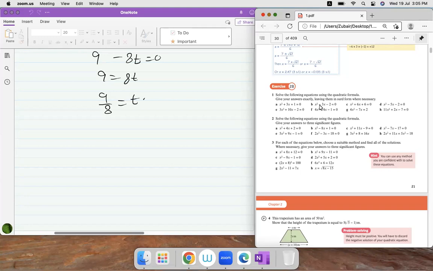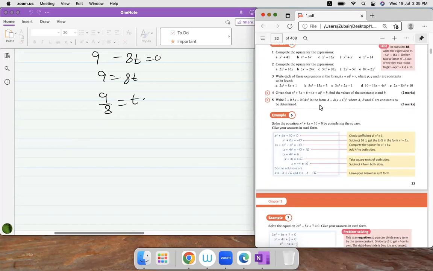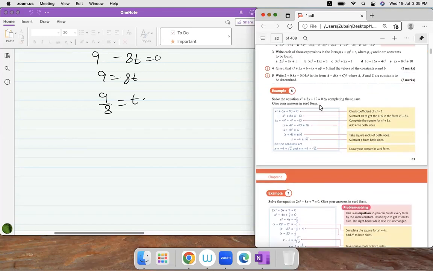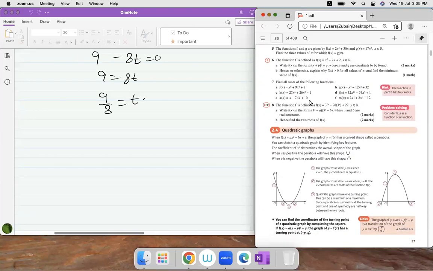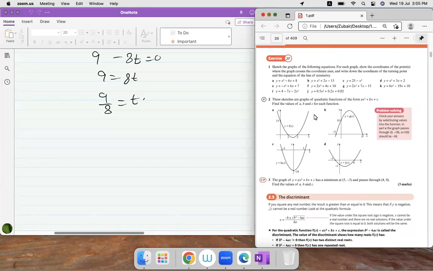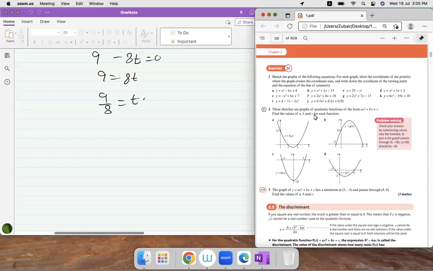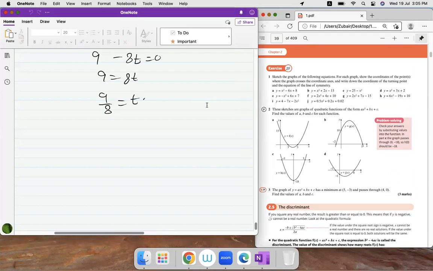It was simple, just using the quadratic formula. In sketching, you're confident in sketching now? Yes, and I understand the fundamentals.